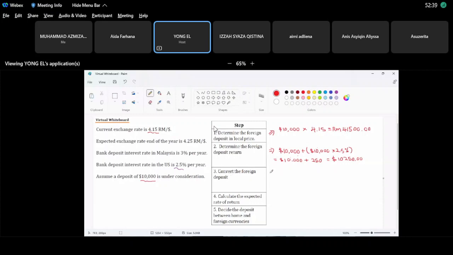Step number 3, convert the foreign deposit to local currency. From here, we need to use the expected exchange rate, which is 4 ringgit and 25 cents. Let me ask you some questions again.